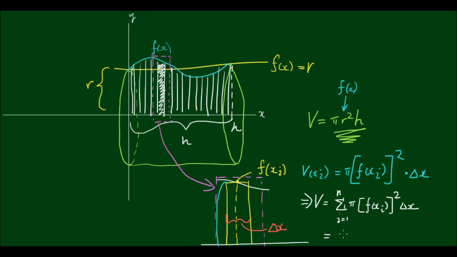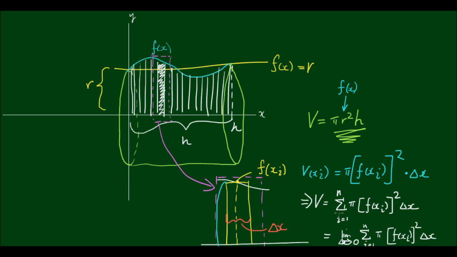So I could write that as the limit as delta x approaches 0 of the sum from i equals 1 to n of pi times the square of the function at the ith strip times delta x. And this is a form of Riemann sum which can be expressed as an integral.